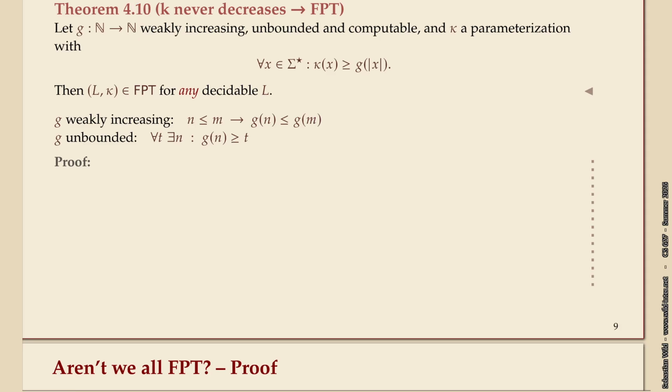So first of all, if L is decidable, that means there's some Turing machine, some algorithm that computes it.